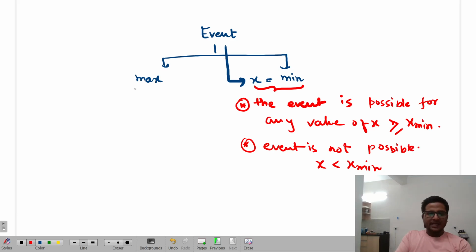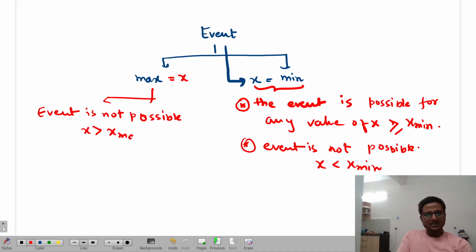ठीक है। मैक्सिमम का मतलब क्या हुआ? If there is a variable x which is creating a maximum value of an event, that means the event is not possible if x is greater than x max, and the event is possible if x is less than or equal to x max, correct or not?